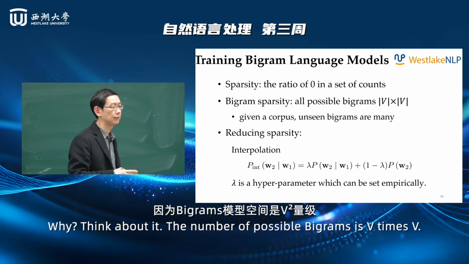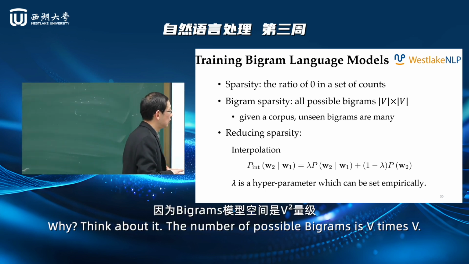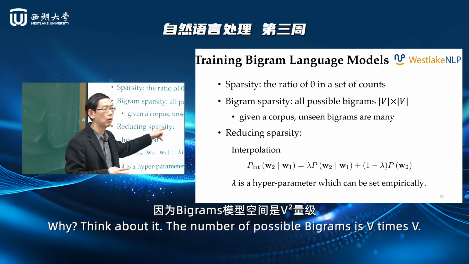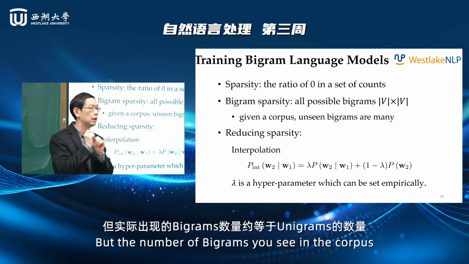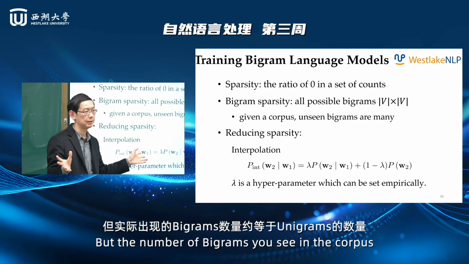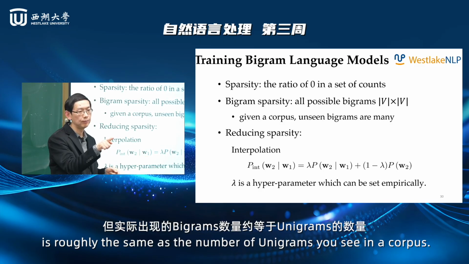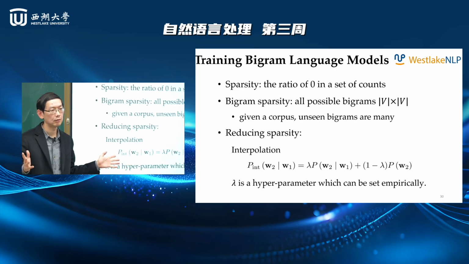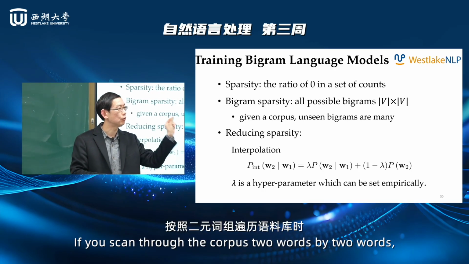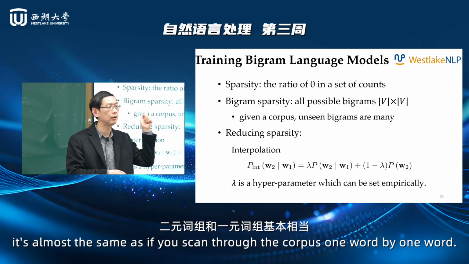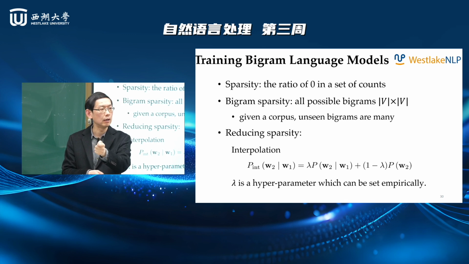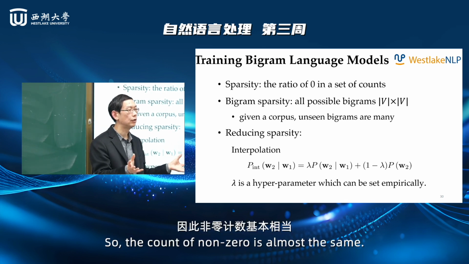Why? Think about it. The number of possible bigrams is V times V, right? But the number of bigrams you see in a corpus is roughly the same as the number of unigrams you see in a corpus. If you scan through the corpus two words by two words, it's almost the same as if you scan through the corpus one word by one word. So the count of non-zeros is almost the same.